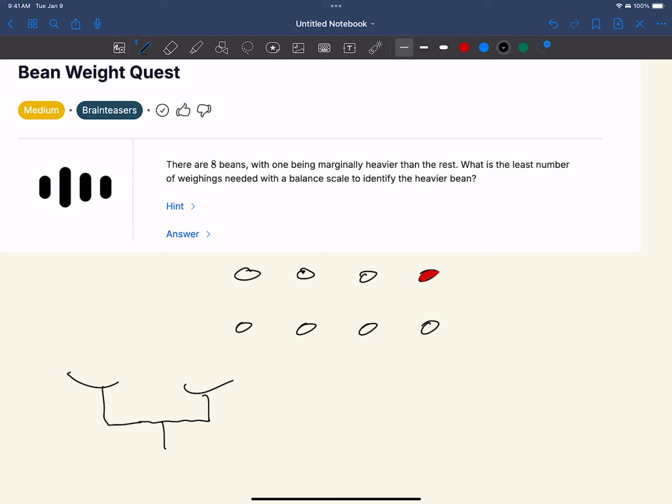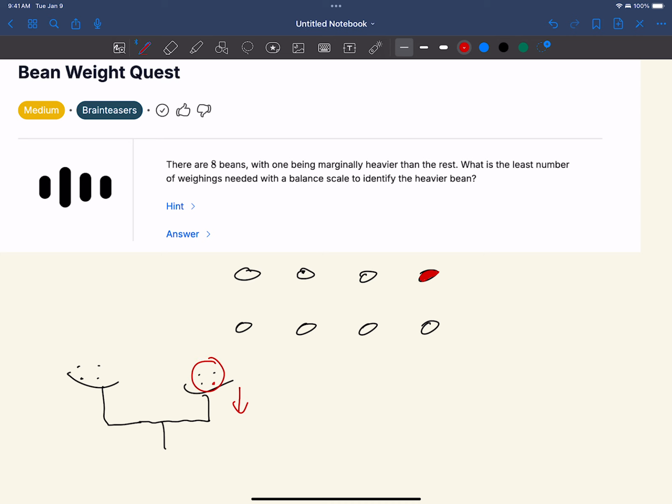For example, if we weighed 4 on this side and 4 on this side, with one of them being the heavier bean, we know this side will go down further. And so we'll actually be able to tell you, well, the heavier bean is in this half.